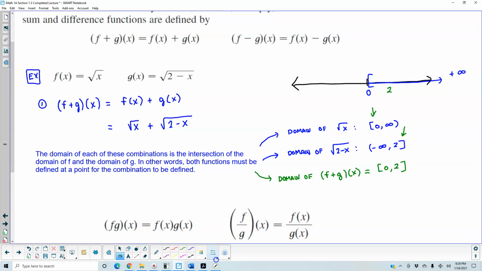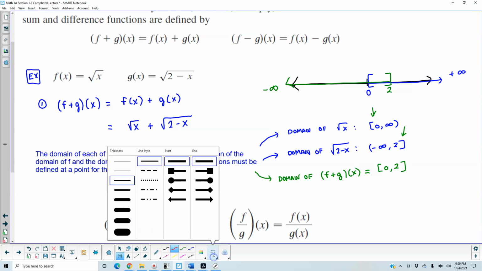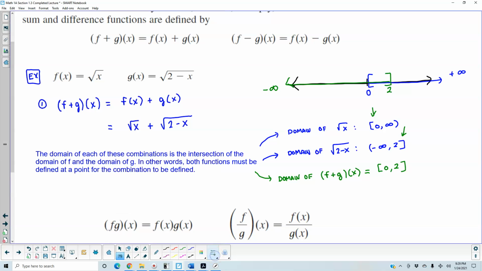So here's 2 going all the way to negative infinity. So what you see here is that this intersection between 0 and 2 represents the domain of when you combine those functions. So that is the intersection.